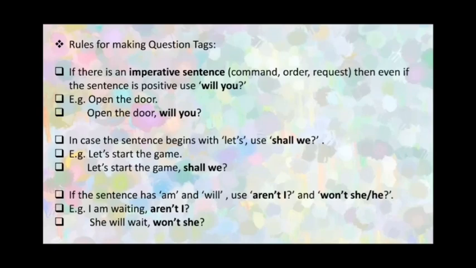So in the first sentence we had am, and when a sentence has am, most of the time you can use aren't. Next we have will. She will wait, so for will we have added the question tag won't she.